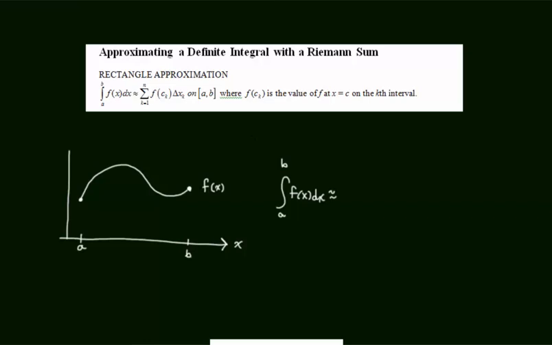The first rectangle, what I'm going to do is just draw a slash. What's important about the slash is that the slash intersects the curve f of x at some point, and then I'm going to turn that into a rectangle. Very crude rectangle approximation. Going to draw another rectangle in a similar fashion, making sure that the curve intersects.